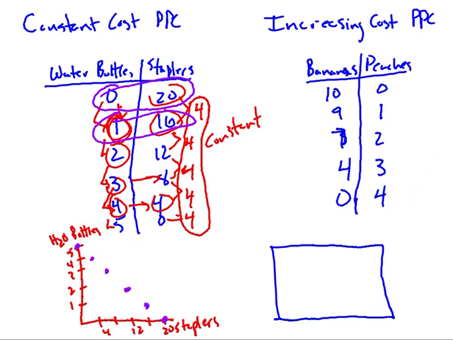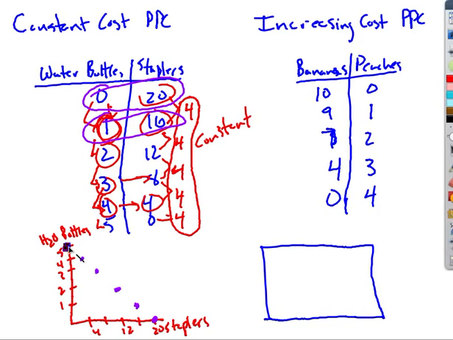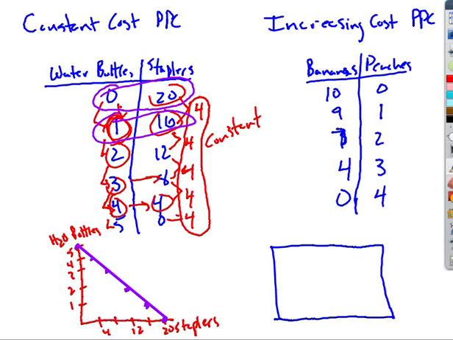And so what you see happening is that with a constant opportunity cost industry, the curve is a straight line. That's important to remember. If you ever see a straight line production possibilities curve, you know that it is a constant cost.